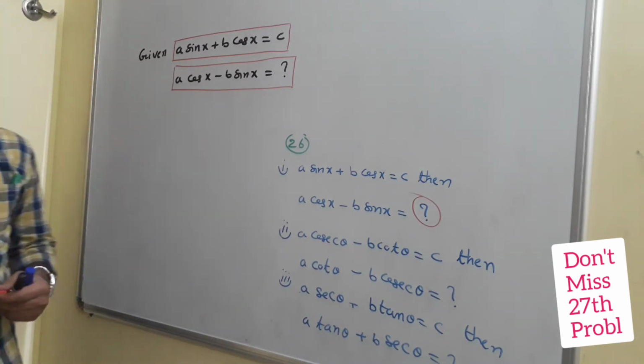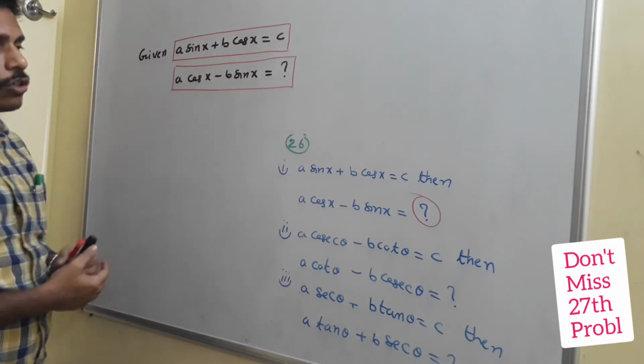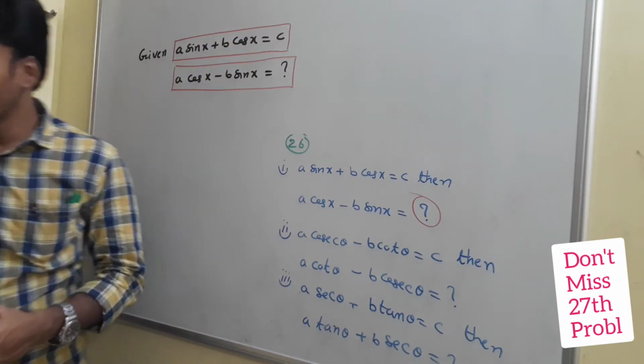In that sense, we need to eliminate sin x and cos x from the problem, and establish a relation between c, a, b and the question mark, and that gives us the answer.